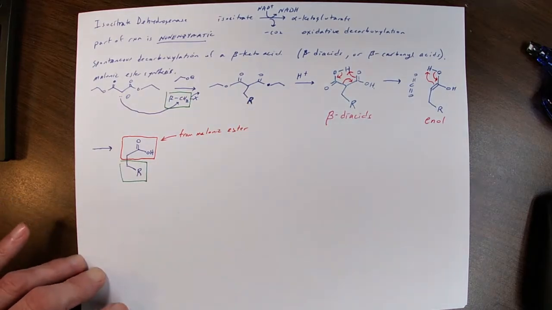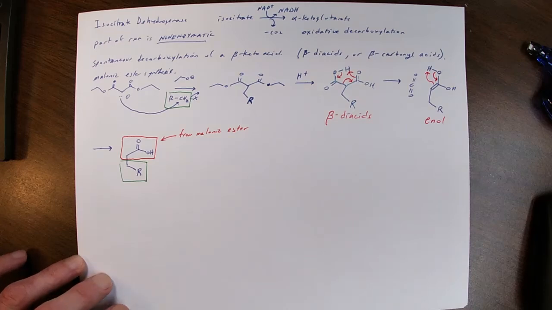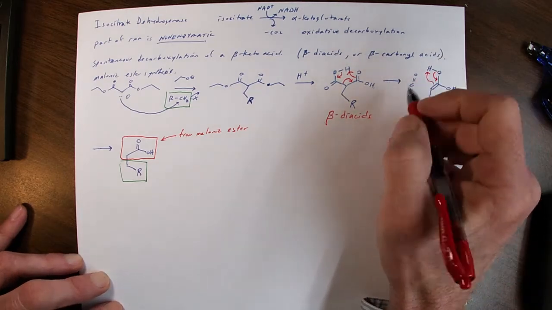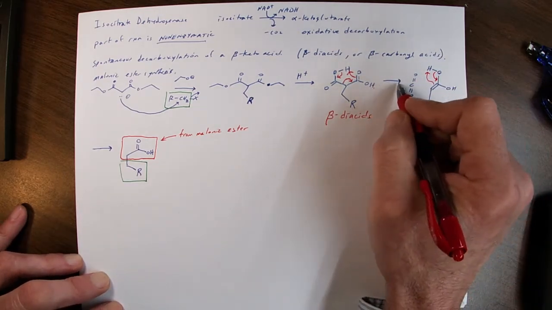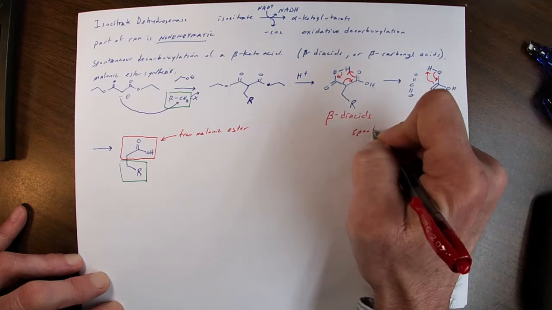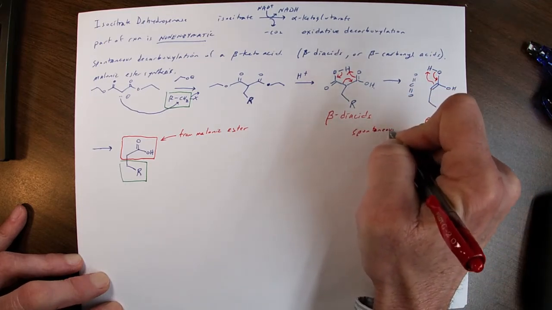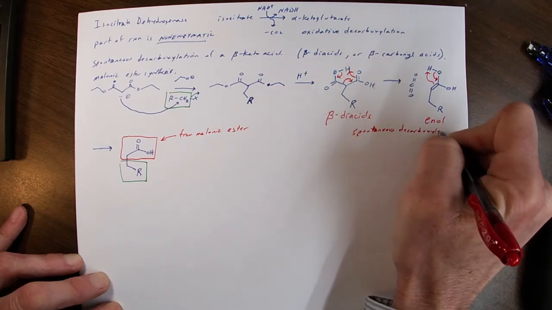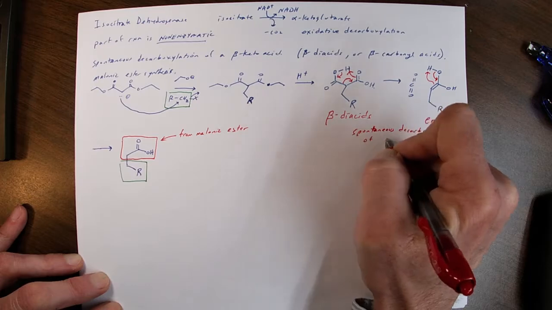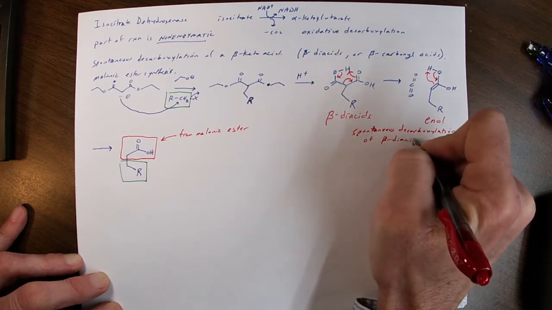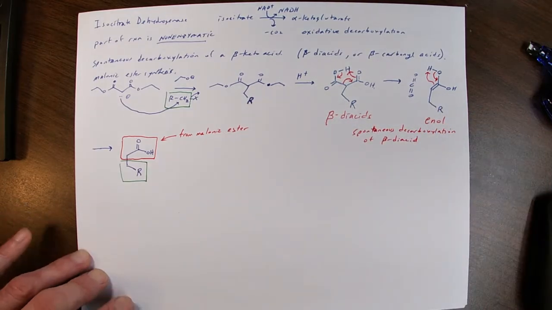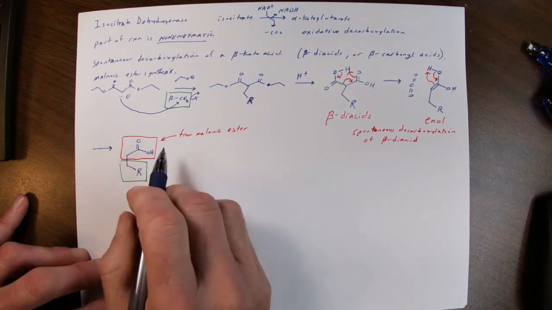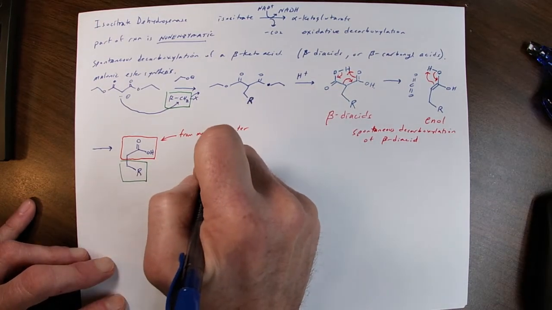All right, so in essence, what you see in your organic text, okay, so the whole point of this was this is the spontaneous decarboxylation of a beta diacid. Okay, so what you see in organic textbooks basically is this is your alkyl halide.